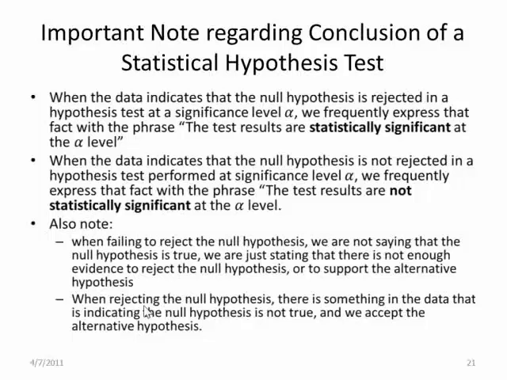So first, when the data indicates that the null hypothesis is rejected in a hypothesis test at some significance level alpha, we can frequently express that fact with the phrase, the test results are statistically significant at the alpha level. So you can come back and say that there is a significant difference between my results and what's going on in the null hypothesis, because if you reject, then you're saying that there's a statistically significant difference.